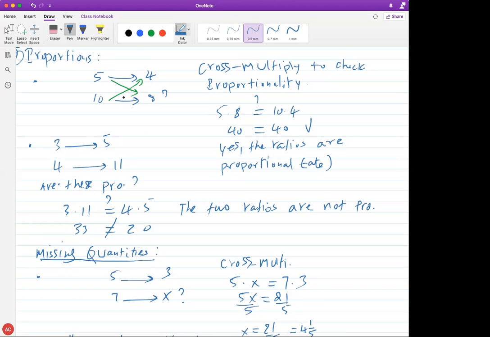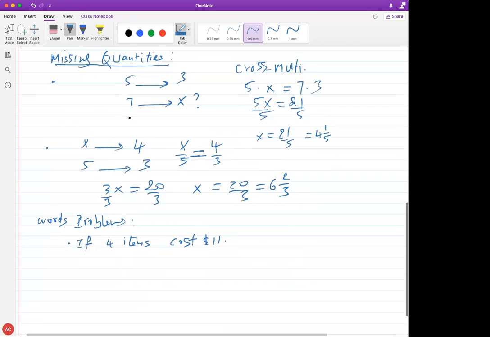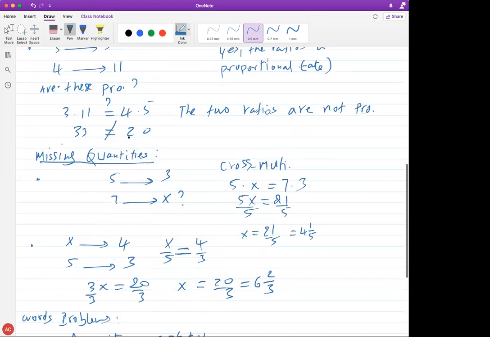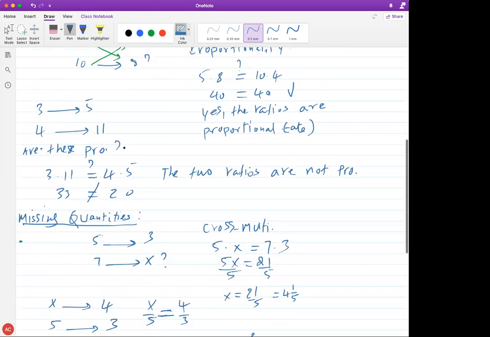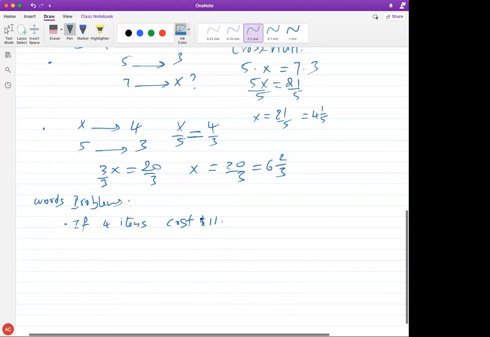It's not always convenient to figure out easily. So they can be a little inconvenient, with maybe decimals, or not simple numbers that go into each other. So for example, if 4 items cost $11, how many items can you buy?